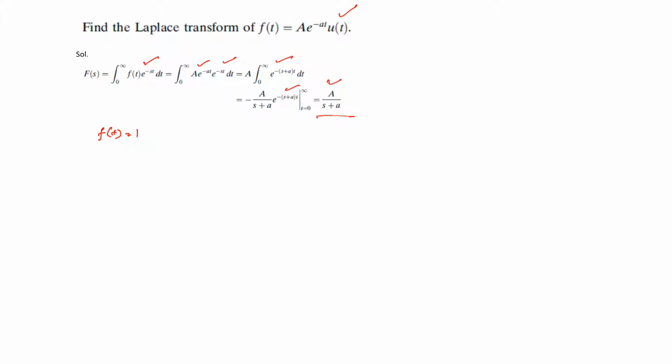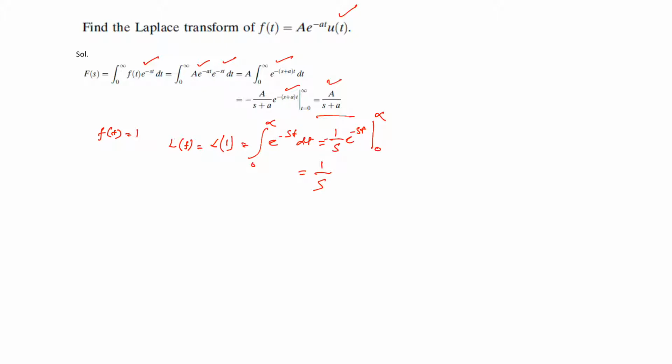We write the integral from 0 to infinity of e to the minus st dt, which equals minus 1 by s times e to the minus st from 0 to infinity, which equals 1 divided by s.